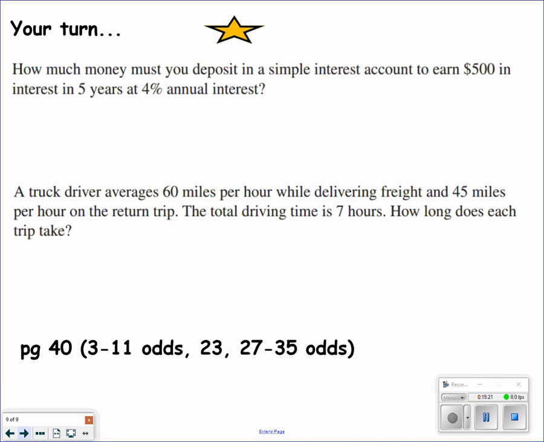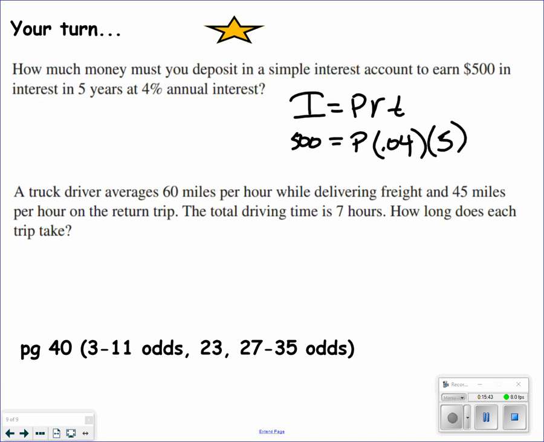How much money must you deposit in a simple interest account to earn 500? So again, interest earned, or money earned. P is what we're trying to find. We're going at a rate of 0.04. Remember percentages, you move it 2 decimal places, so it's not 4, it's 0.04, for 5 years.